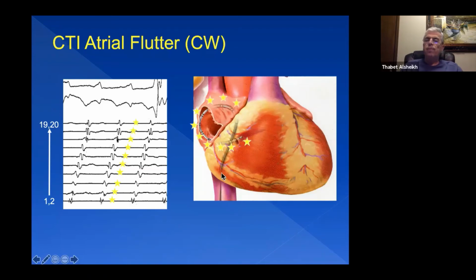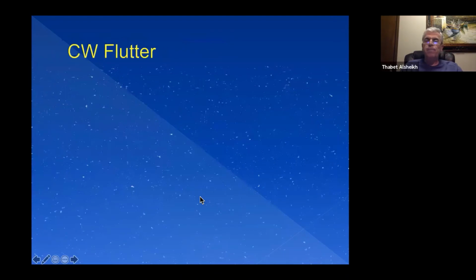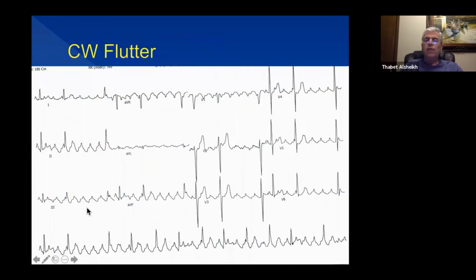So it's simple. You put the catheter inside the atria, you record the activity, and you see the direction, whether it's clockwise or counterclockwise. And this is the clockwise flutter. It looks like a sawtooth, but not the typical one we just saw. The flutter waves in the inferior leads are positive and in V1 negative.